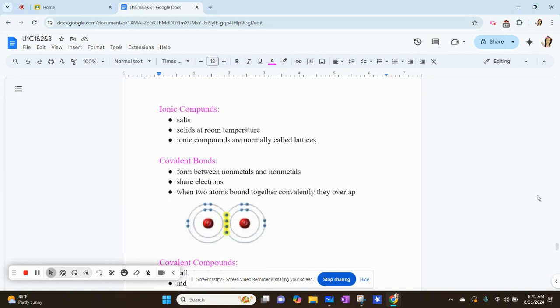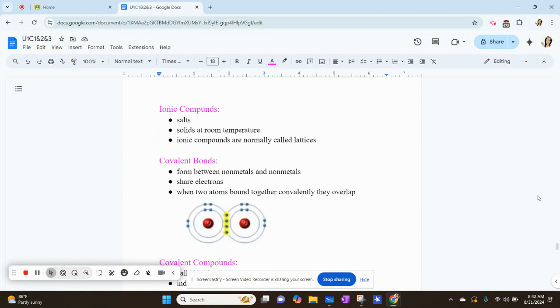When we have ionic compounds, we have salts, solids at room temperature, normally called lattices. A covalent bond is formed between nonmetals and nonmetals. So ionic is between metals and nonmetals, whereas covalent is between nonmetals and nonmetals.